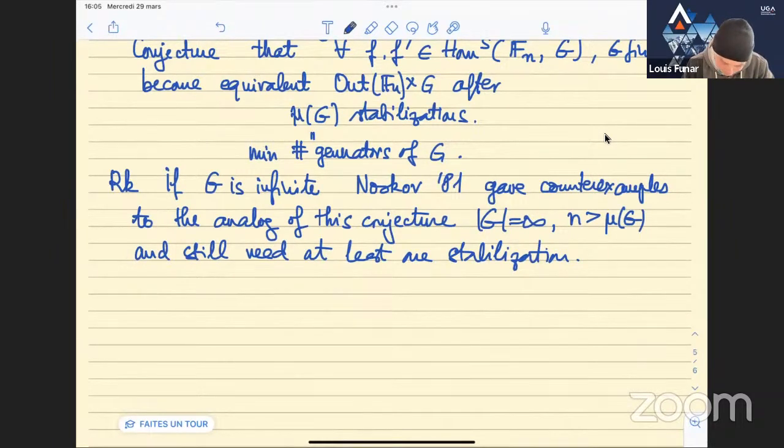There is no real explanation for that, and this is related to a lot of questions considered earlier by Waldhausen related to the three-dimensional Poincare conjecture and so on.